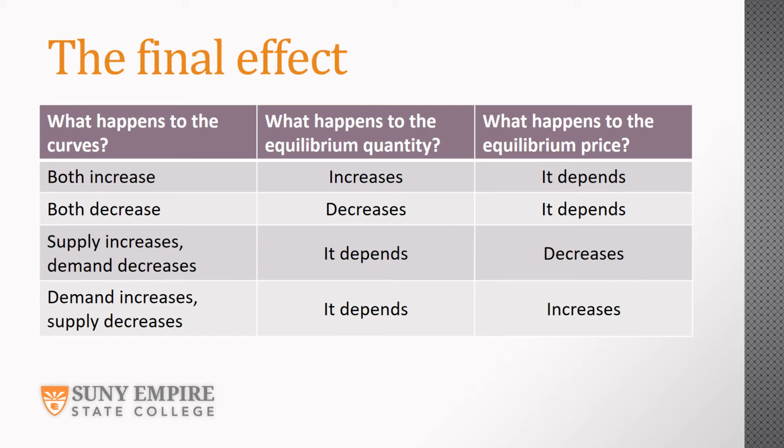If both supply and demand increase, then the equilibrium quantity will increase. If supply and demand both decrease, then equilibrium quantity will decrease. Equilibrium price increases when demand increases and supply decreases. Finally, equilibrium price decreases when demand moves left and supply moves right.